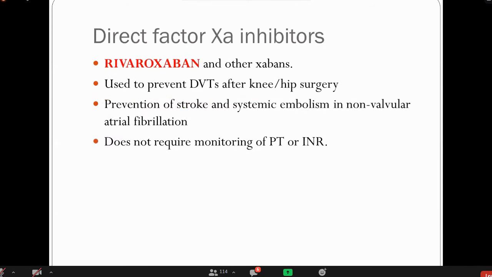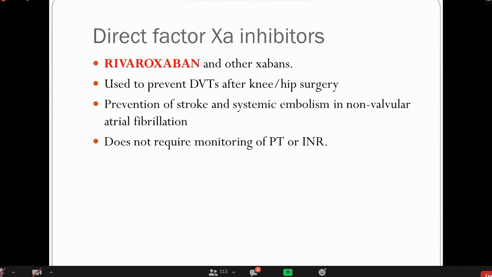Now, direct factor 10 inhibitor, activated factor 10 inhibitor. Now I think you are realizing the importance of that first slide, in which we were discussing that whether the intrinsic pathway or extrinsic pathway, ultimately both pathways have to activate factor 10. And this activated factor 10 is responsible for activating prothrombin into thrombin.